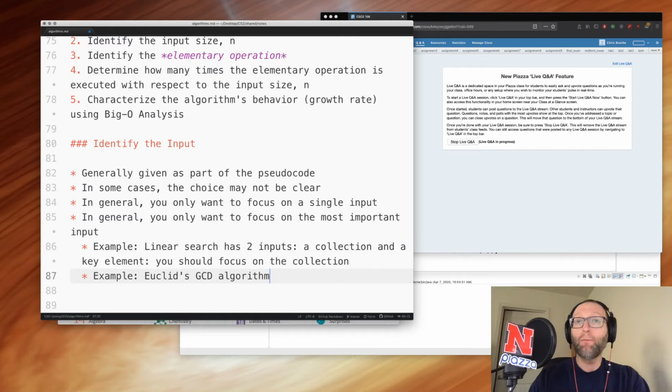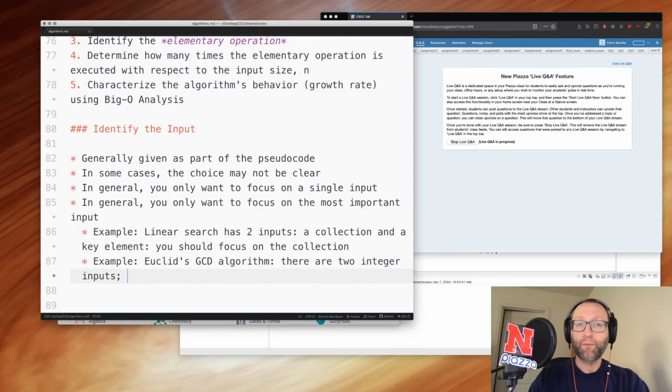But there are two inputs, right? There are two integer inputs. So without loss of generality, you might have seen this in a math class or a discrete math class or something like that. It stands for without loss of generality.